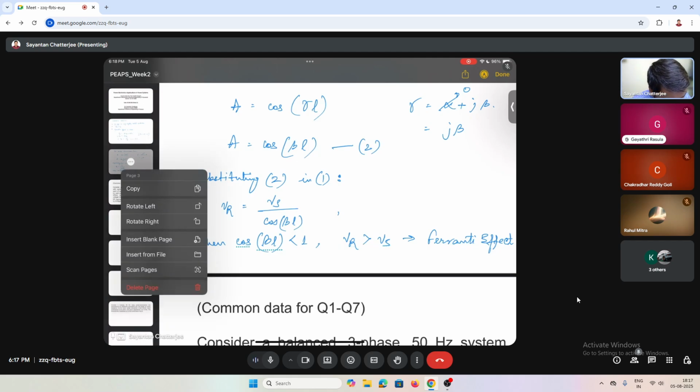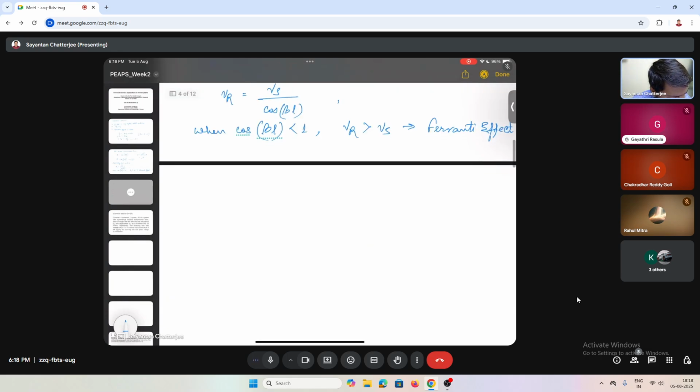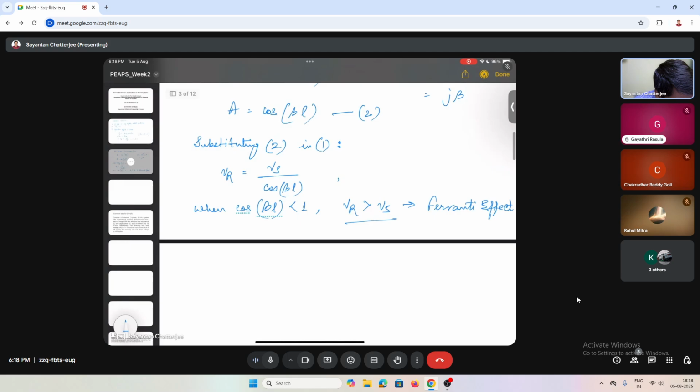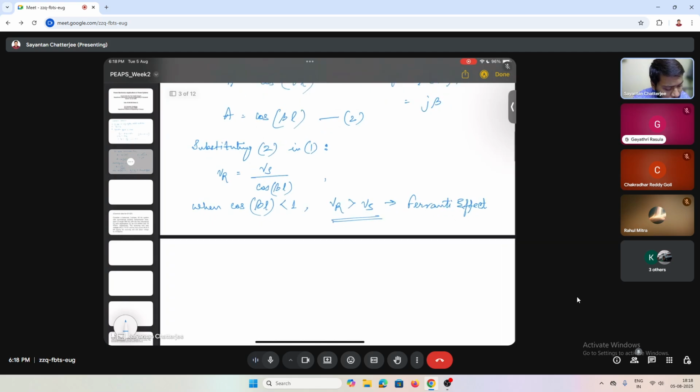So we can do one thing. As we have discussed the Ferranti effect, we can verify this with a numerical. I have a numerical problem, so please participate. You will find how the line length impacts the VR value, how the voltage level gets raised.